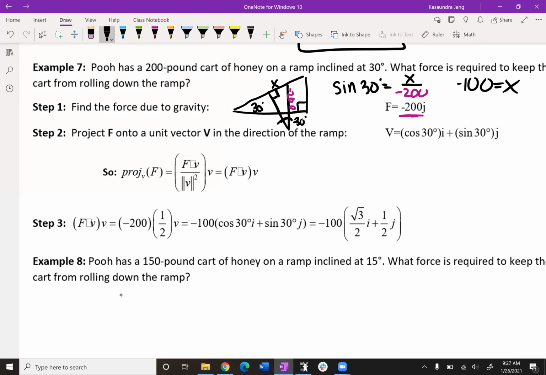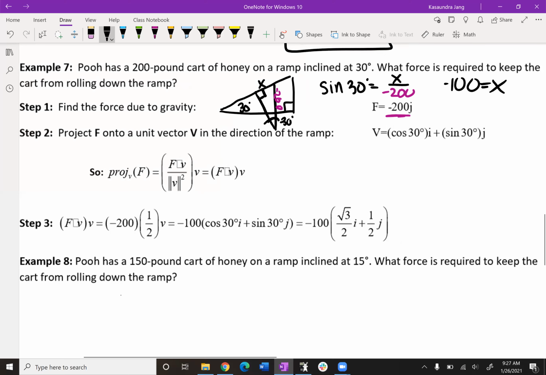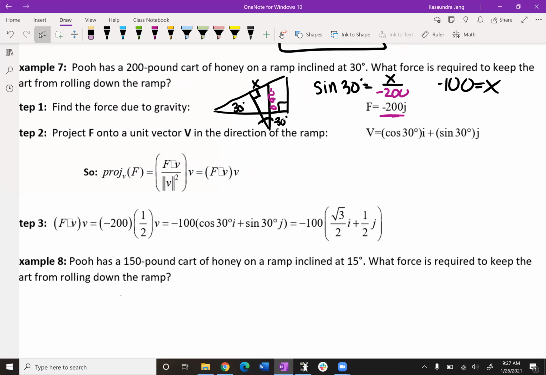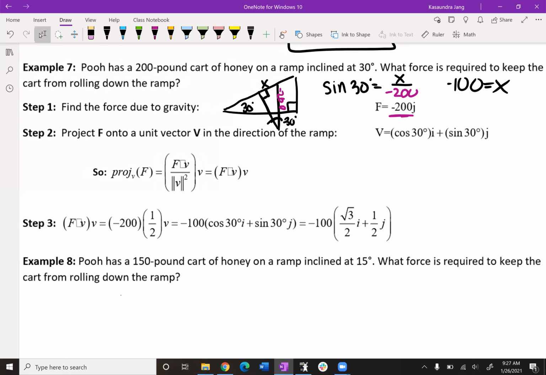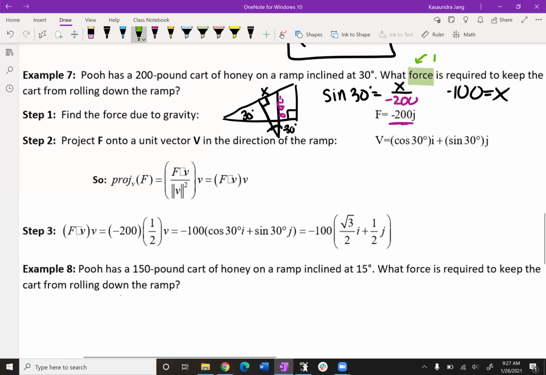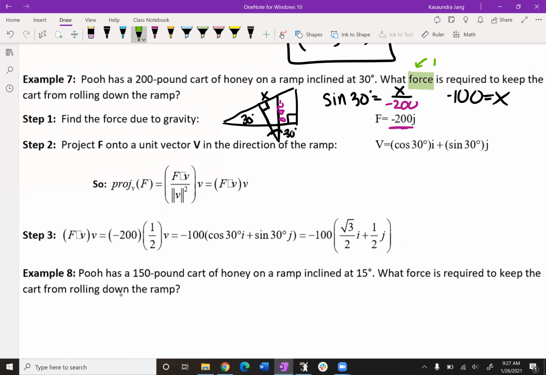They went through a longer process, I suppose, but they said what force is required to keep the cart. This force, honestly, this is what I had to learn more about. That force is basically asking me for the magnitude, which in this case is a negative 100.